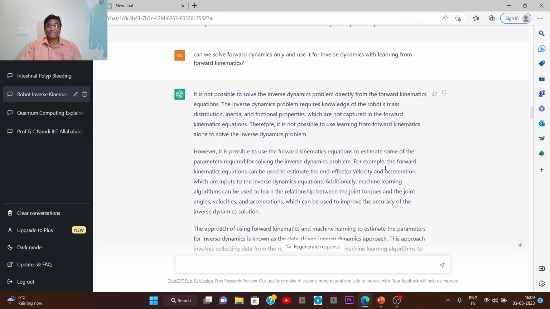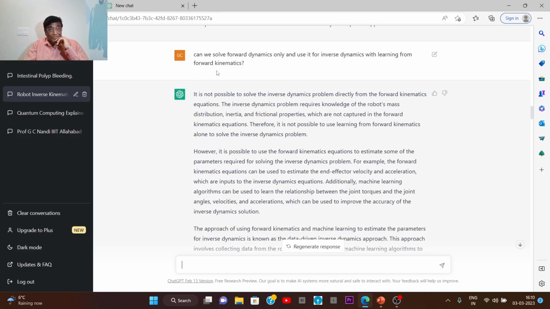Then I also asked, can we solve forward dynamics only and use it for solving inverse dynamics with learning? I just twisted it from forward kinematics. I said I will only solve forward kinematics, then from there I solve forward dynamics, and then using the data, I will solve the inverse dynamics problem the way we did it for kinematics.